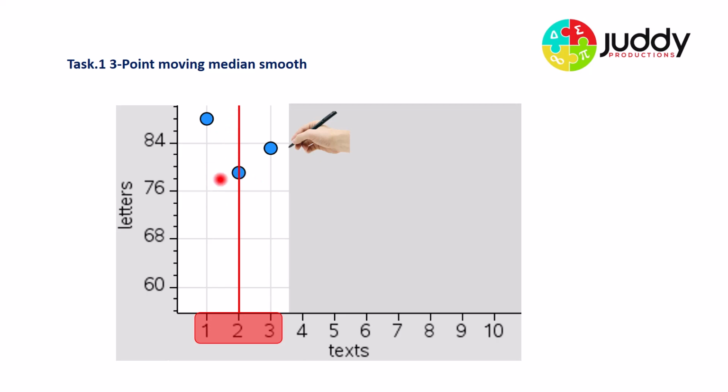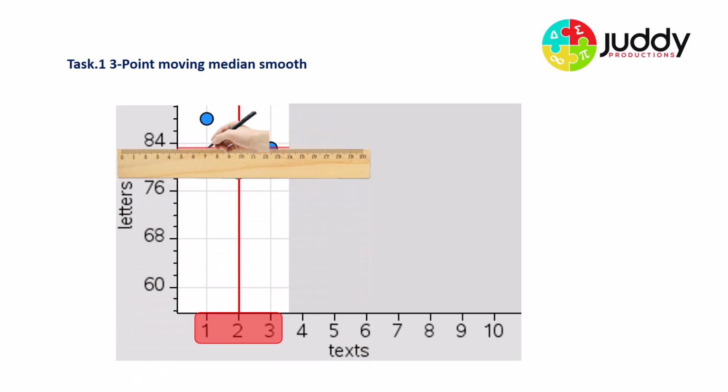This is our lowest position, this is our second lowest point, and our highest point based on the y-axis. So let's find our median. It's our second point. So there we have it. That's our first 3-point median smooth, whereby we've found the median on the x-axis, that is the text, and we've also found the median or the middle point in order on the y-axis, which is the letters.